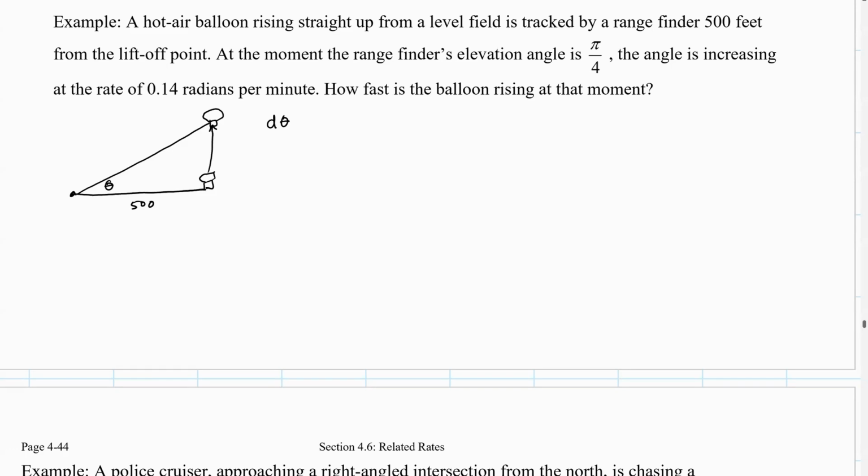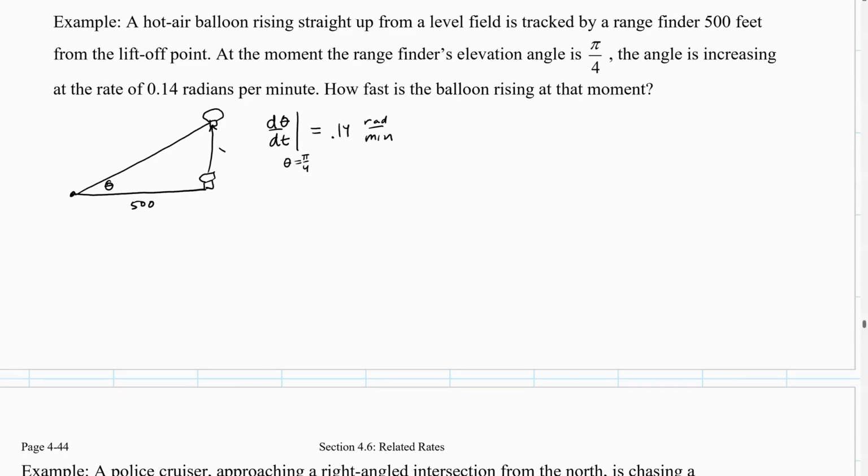The rate of change of theta with respect to time, when theta is pi over 4, is 0.14 radians per minute.